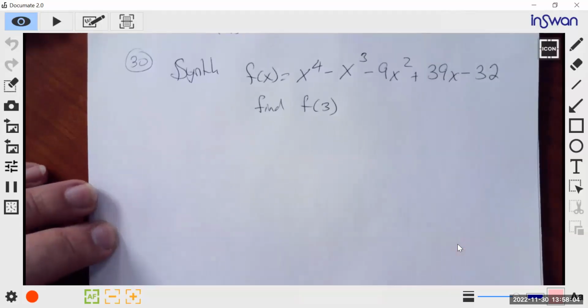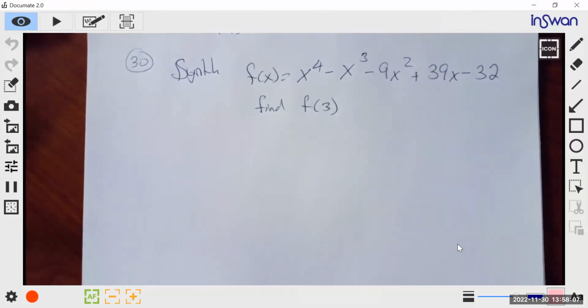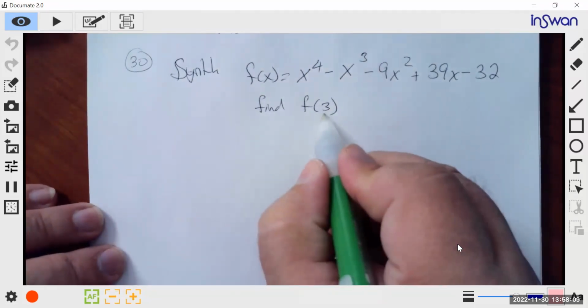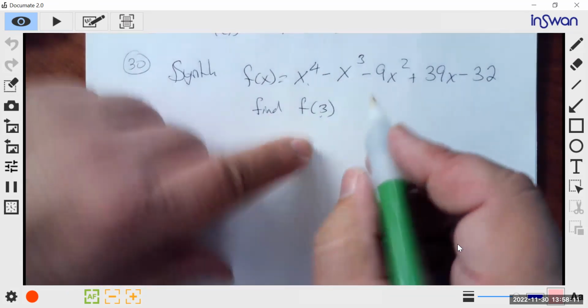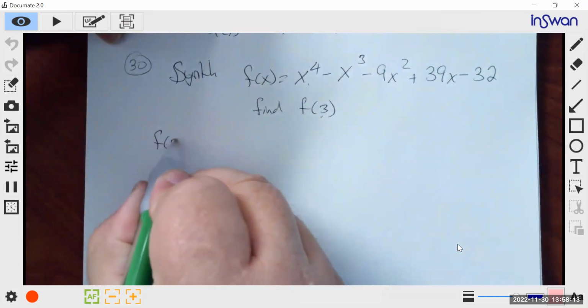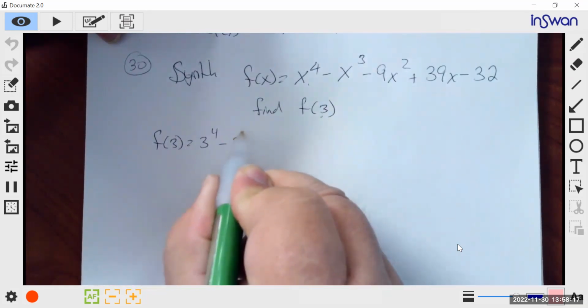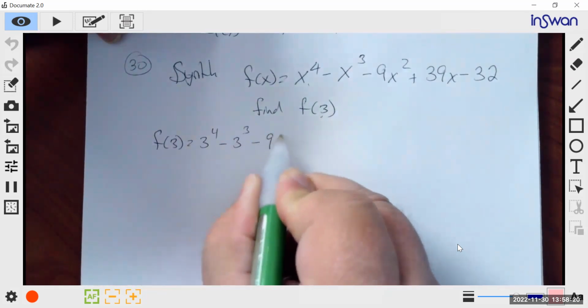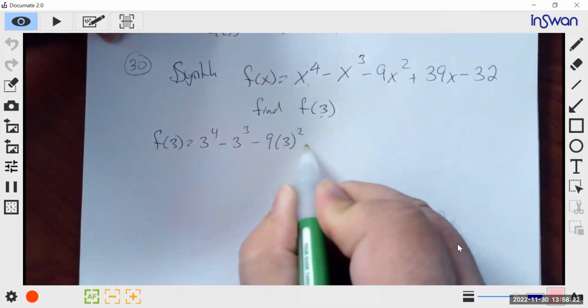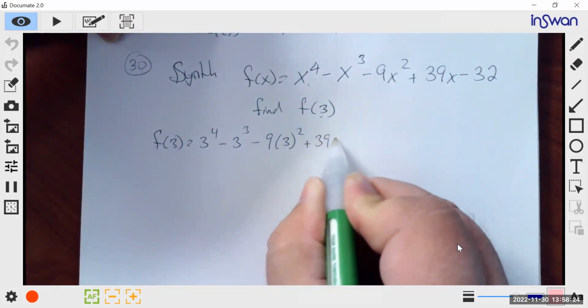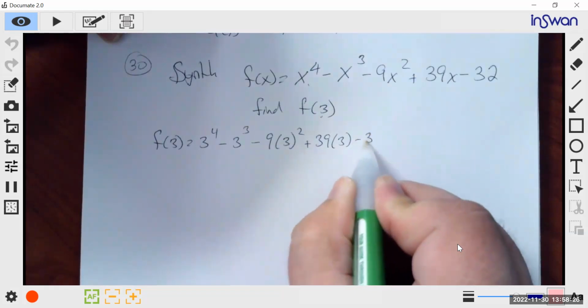Okay. There are 2 ways you can find it. Because if you just plug this number straight in there, that's what this says. If we do f of 3, which is 3 to the 4th minus 3 cubed, minus 9 times 3 squared plus 39 times 3 minus 32.